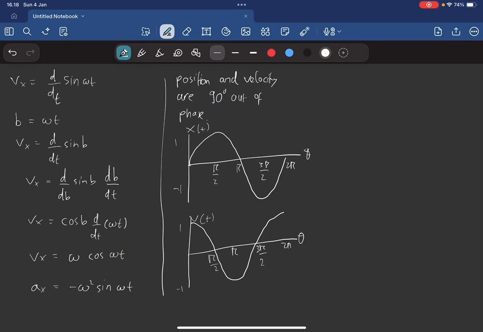In technical terms, the position and acceleration are 180 degrees out of phase.